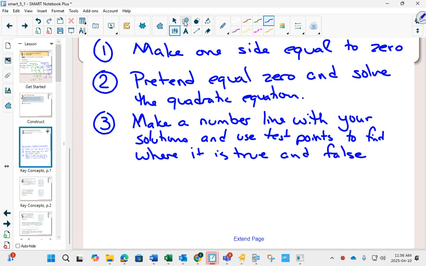This is a new step, and we'll do an example and it'll help you understand what this is talking about.